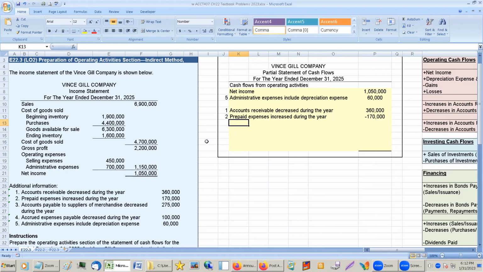Accounts payable. What are we gonna do with number 3?